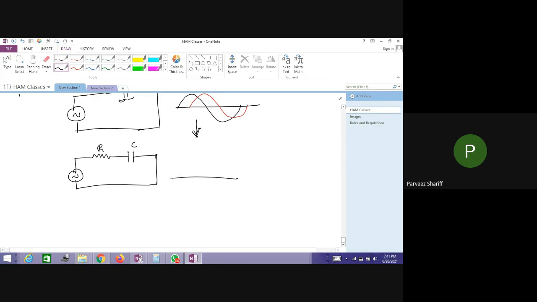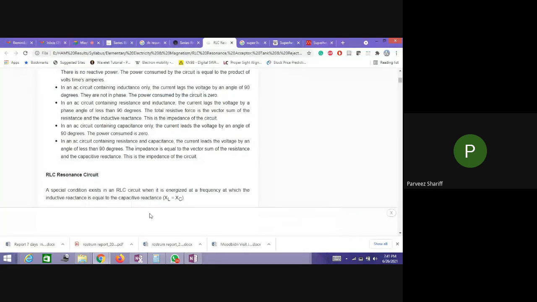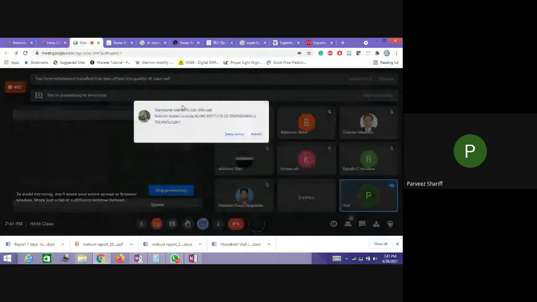So if this is a voltage waveform, then the current waveform will be like this. This is I and this is V, and the current will be phase shifted by plus 90 degree. I hope this point is clear for everyone.